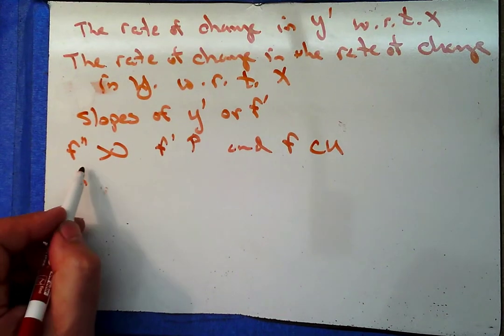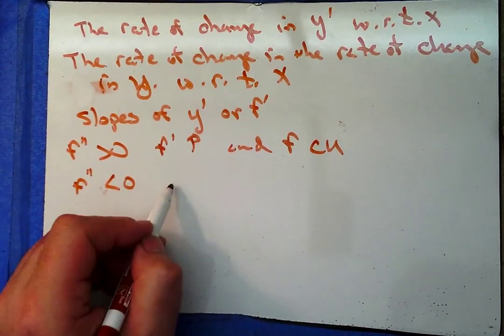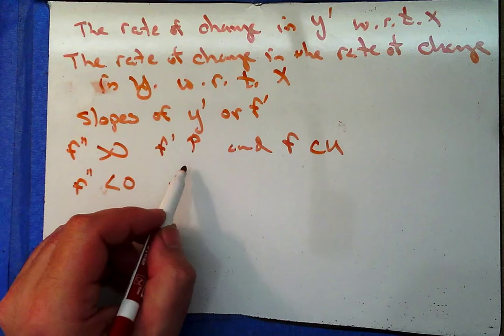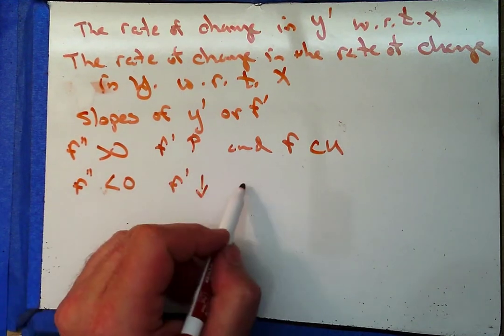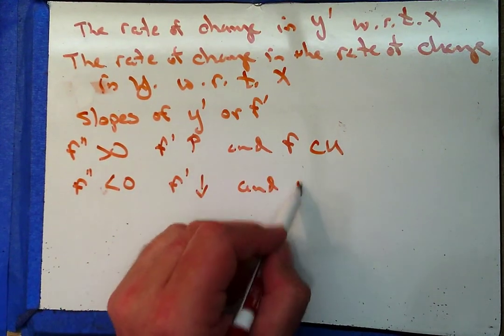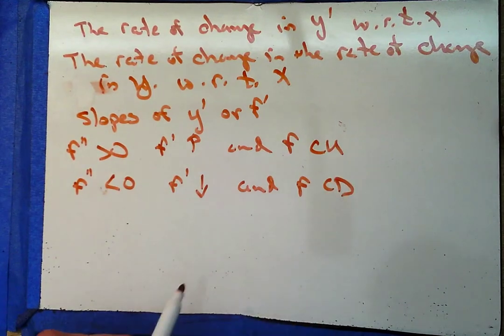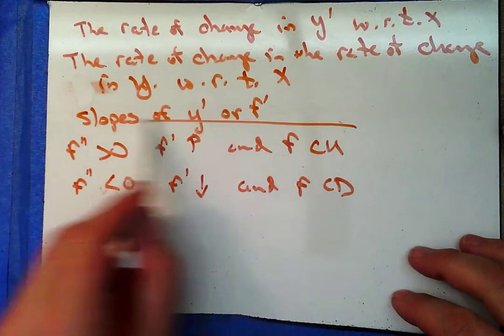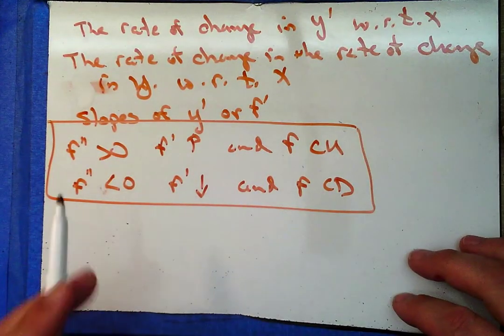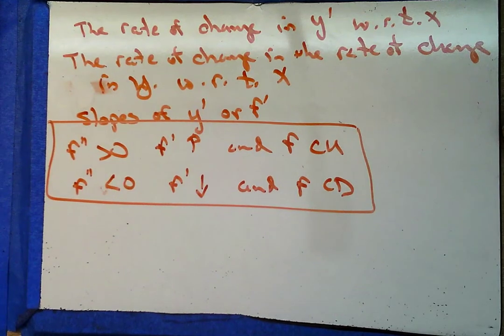And if f double prime is less than 0, that would mean f prime would be decreasing and f would be concave down. I really do need you to actually know these things comfortably, especially this, going into the AP exam. Anything else we want to say about the second derivative? No.